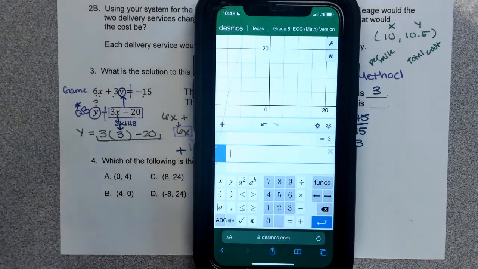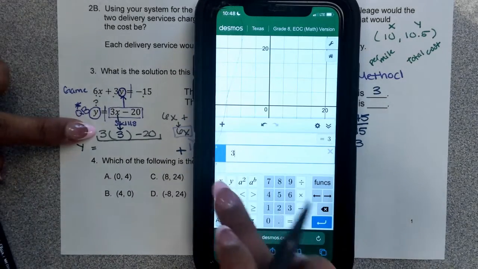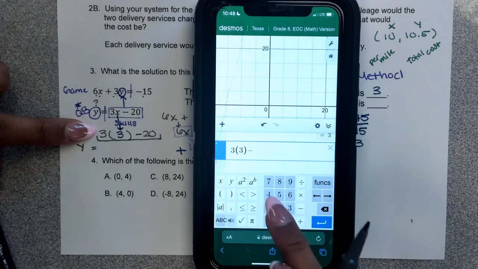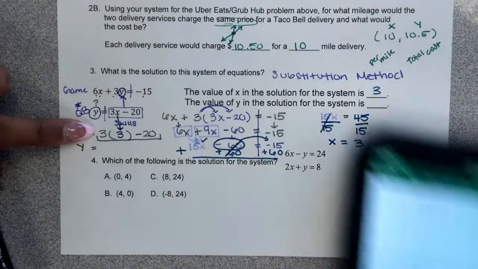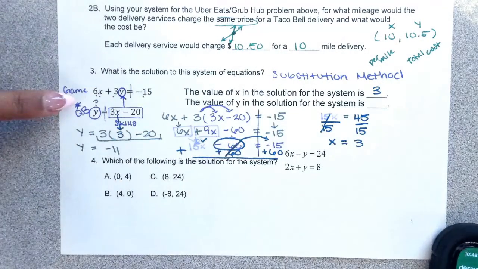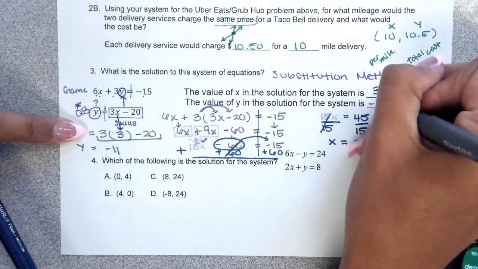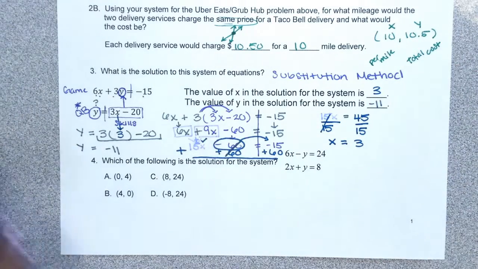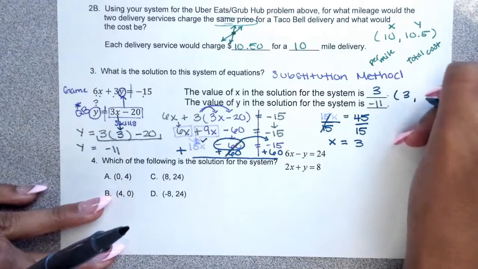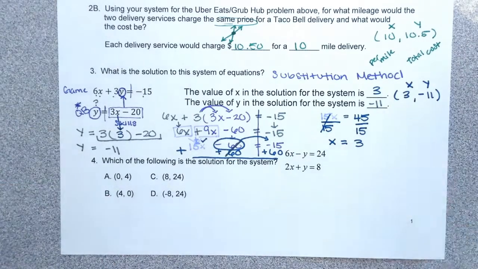So I have y equals, we're going to type this in, 3 parentheses 3 minus 20, which equals negative 11. So y is equal to negative 11. So in my solution, I would write this as 3 comma negative 11. This is my x and this is my y.